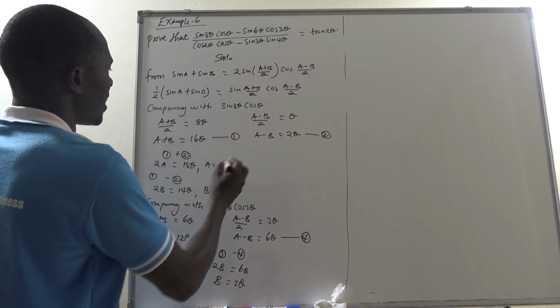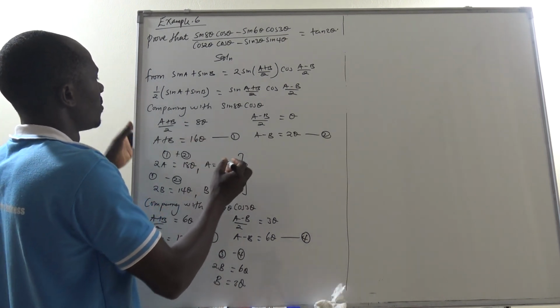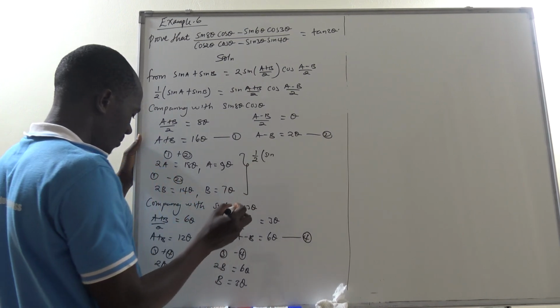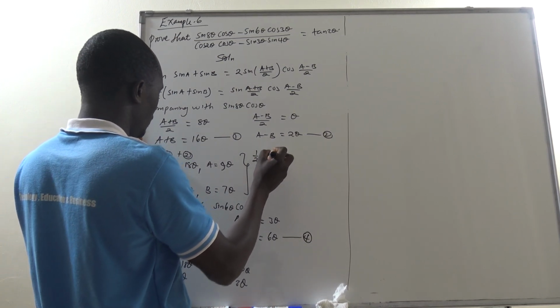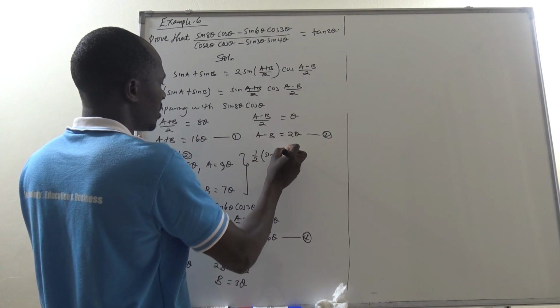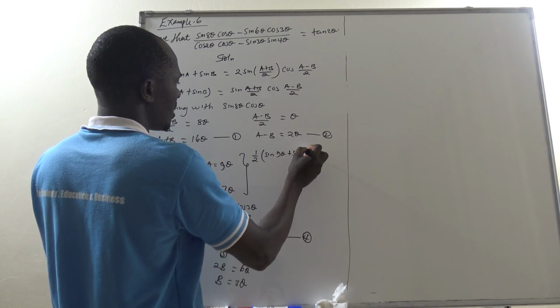So after getting these ones, we can write our equation, which becomes a half into (sin 9θ + sin 7θ).